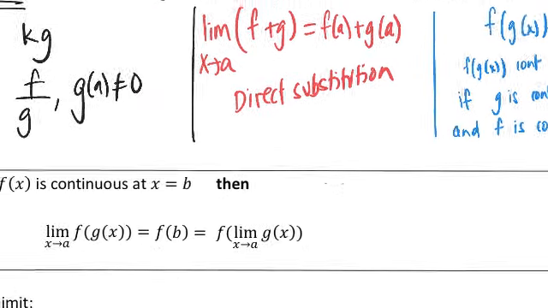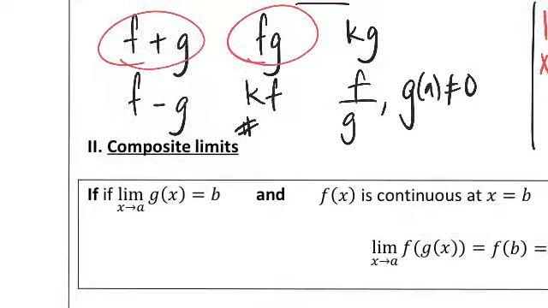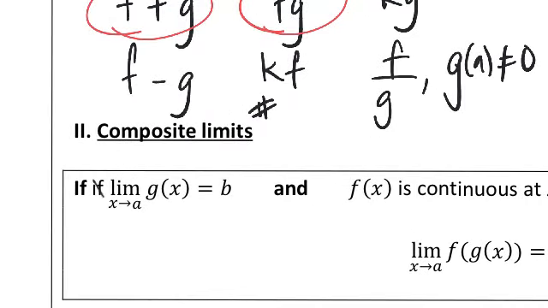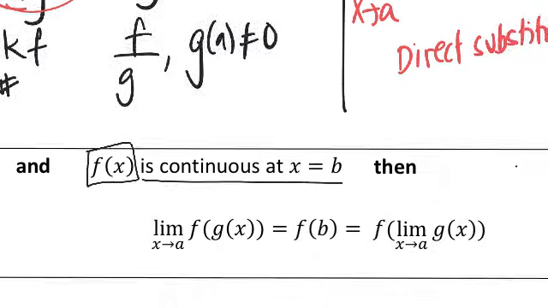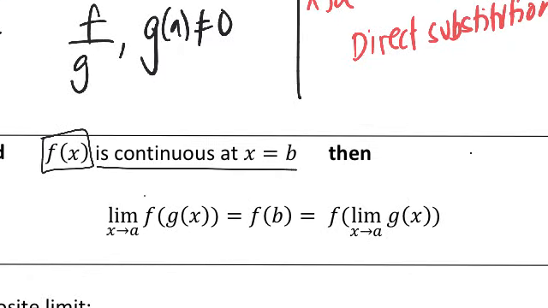So let's go on to this theorem. This theorem says that even if the inside function g of x is not continuous at x equals a, but the limit exists at x equals a, and if f, the outside function, is continuous at that limit, then the composite function will basically be continuous at x equals a.